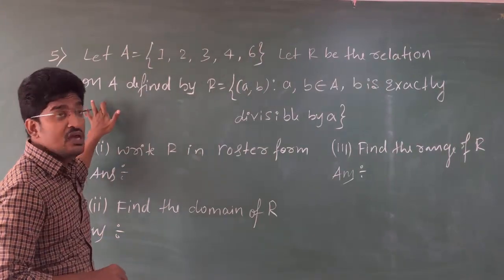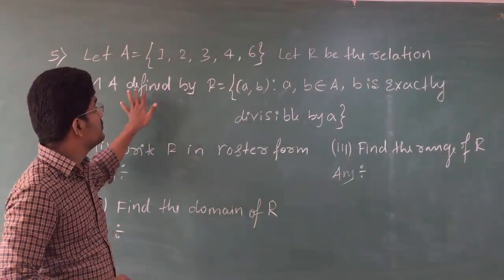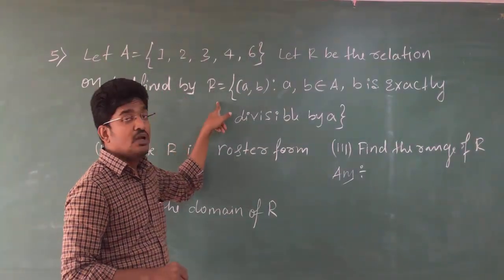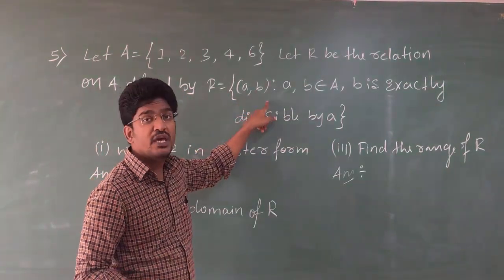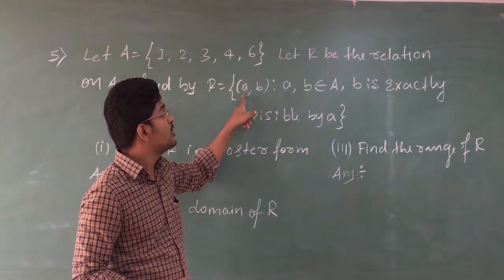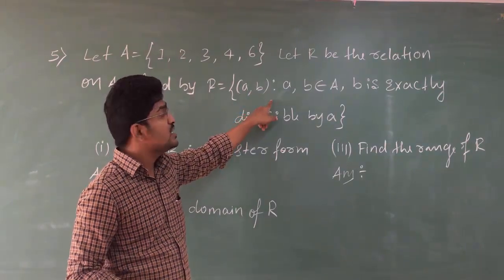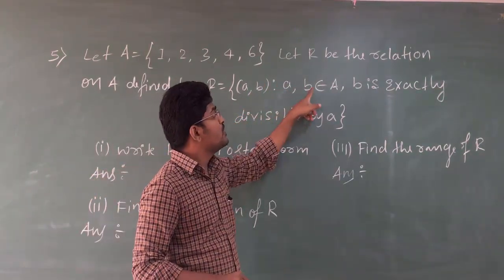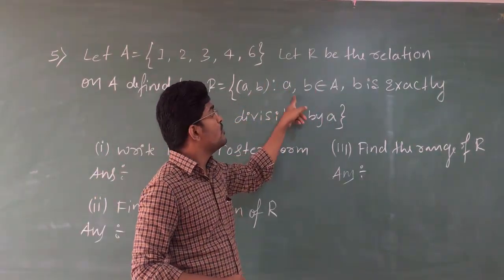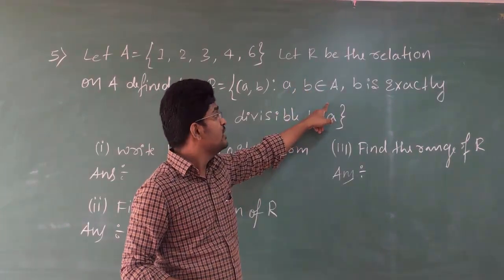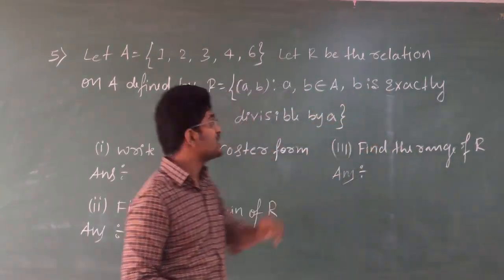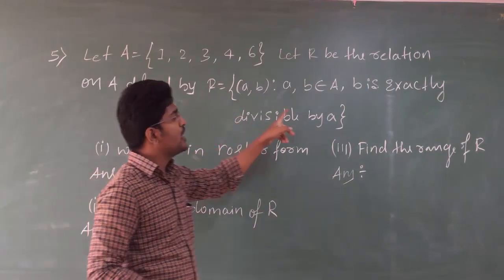relation on A defined by R equal to set of ordered pairs (a, b), such that (a, b) belongs to A cross A, b is exactly divisible by a.